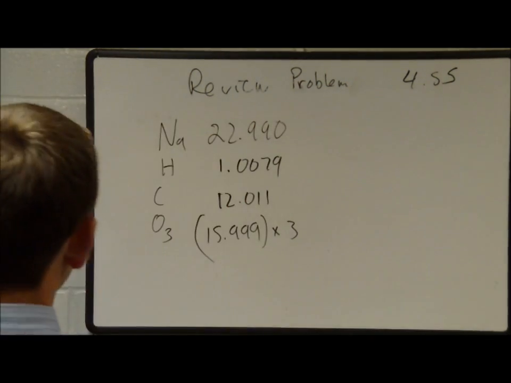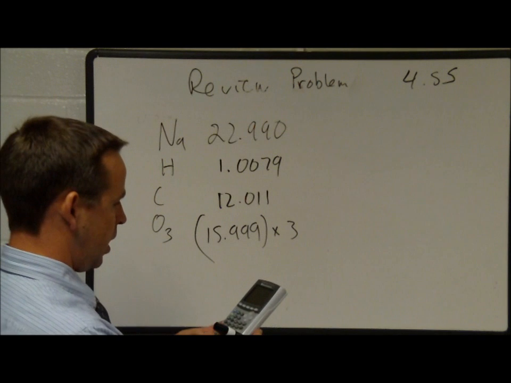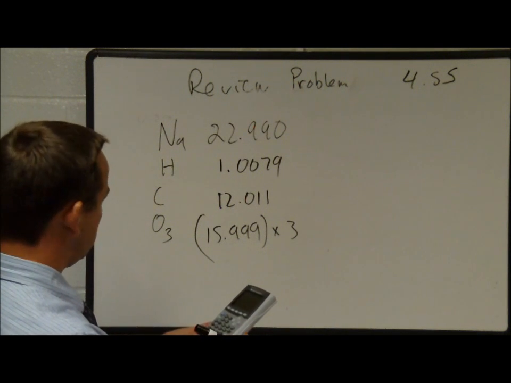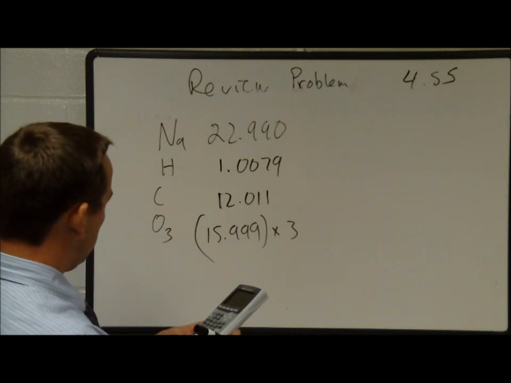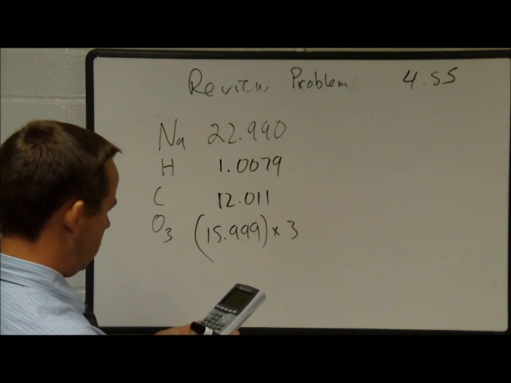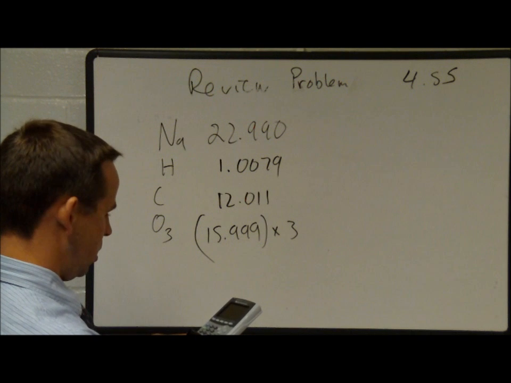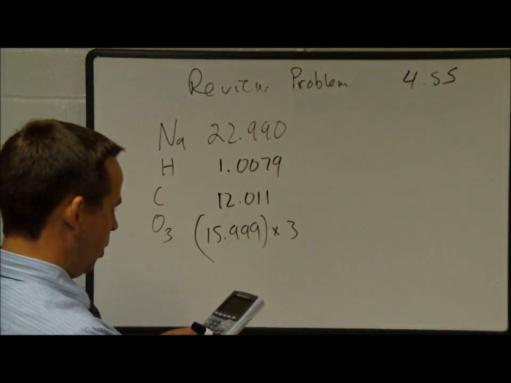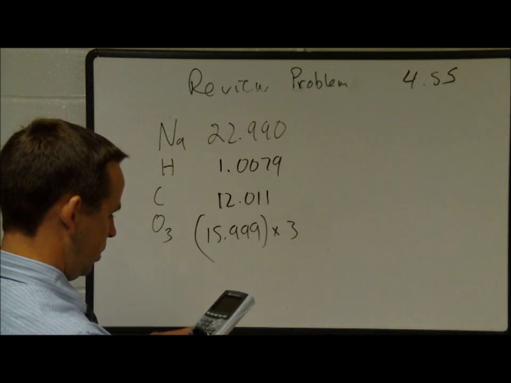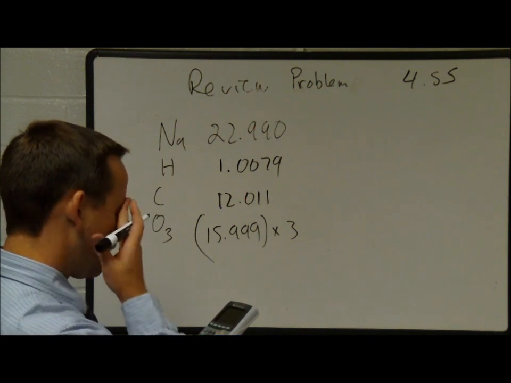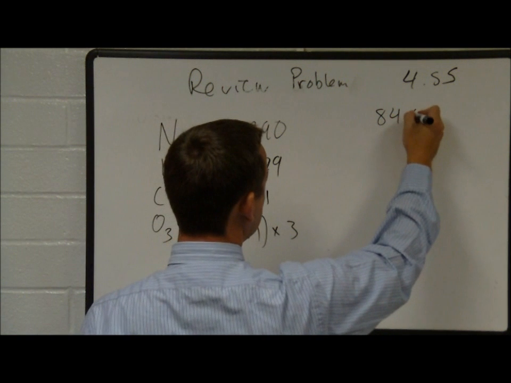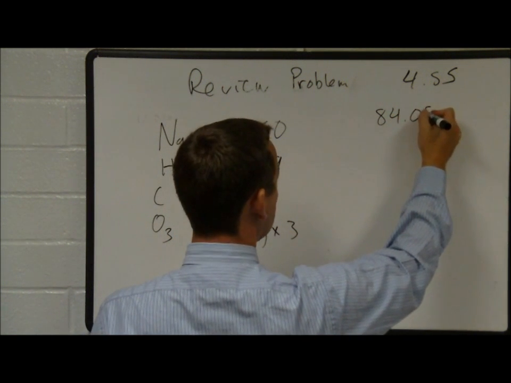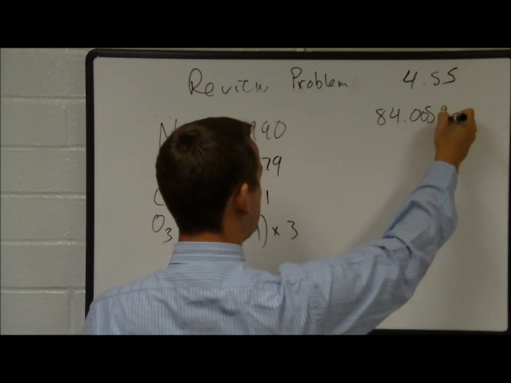Calculator. Just add them up. 22.990 plus 1.0079 plus 12.011 plus, and then we can put in parentheses here, 15.999 times 3. Okay? So I'm getting 84.005.